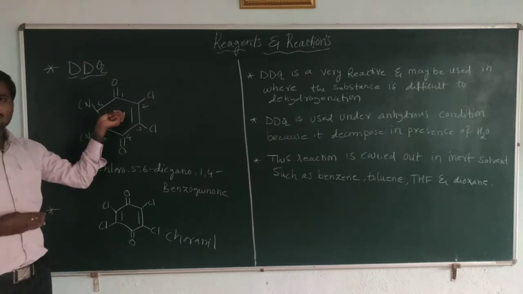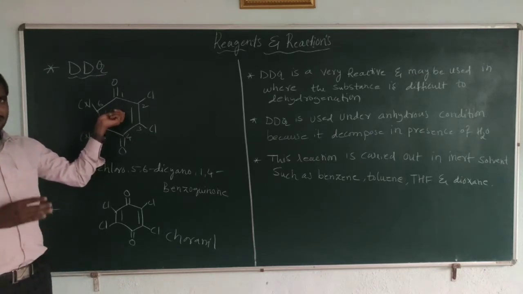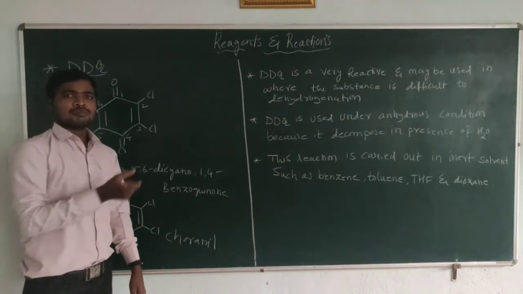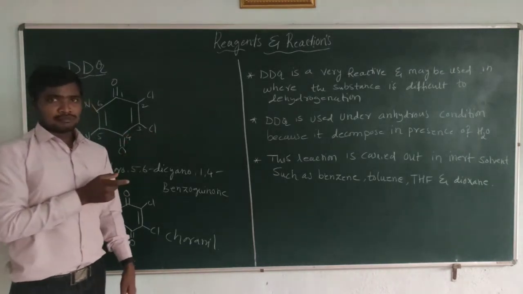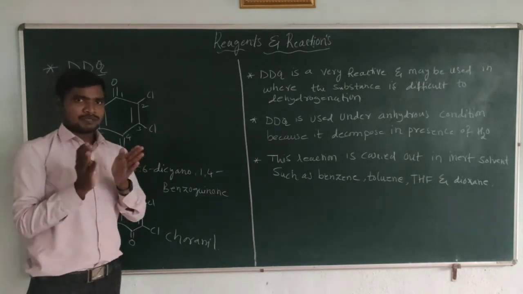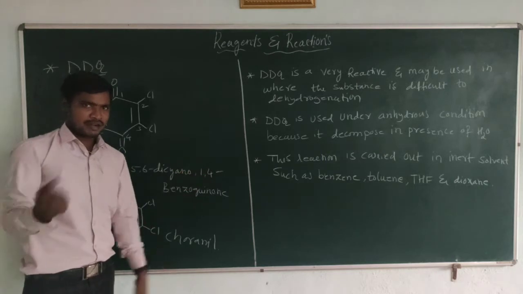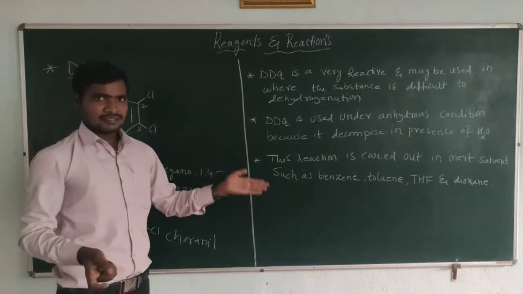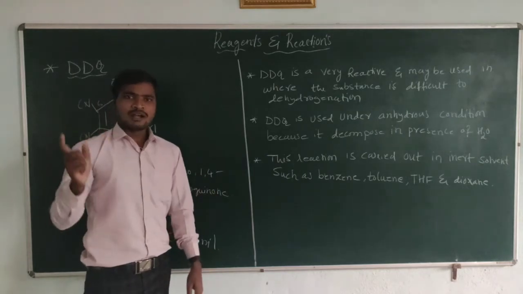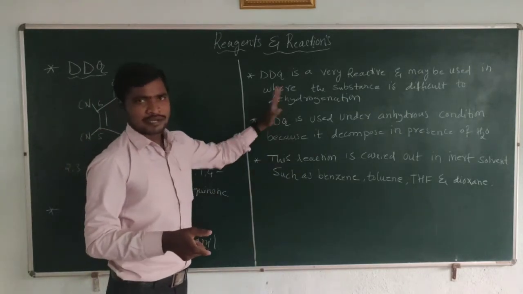We know the meaning of dehydrogenation. Dehydrogenation is the removal of hydrogen molecule from the reactant molecule. We also know the difference between dehydration and dehydrogenation. Dehydration is the removal of water; dehydrogenation is the removal of hydrogen from the reactant.